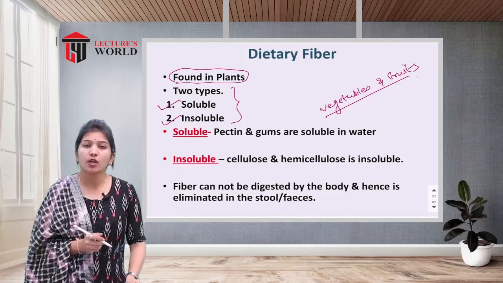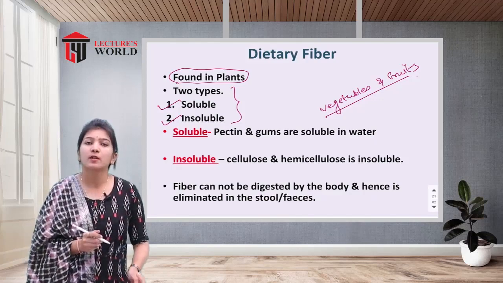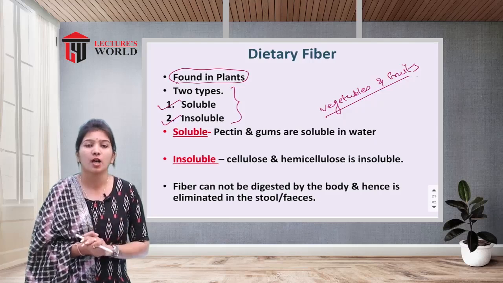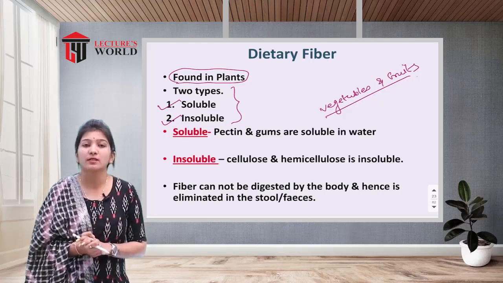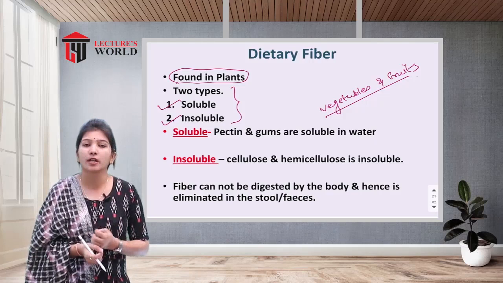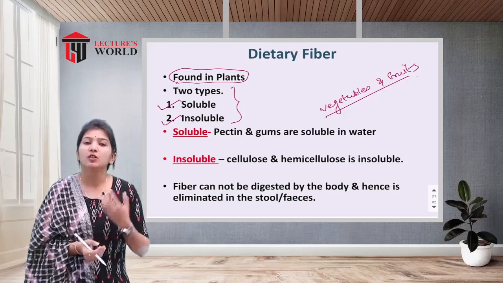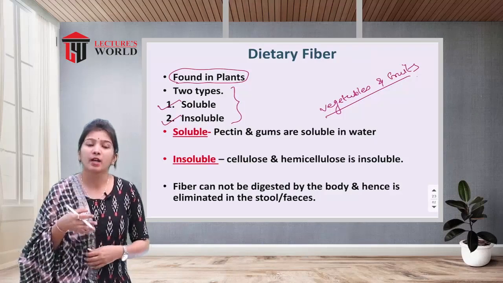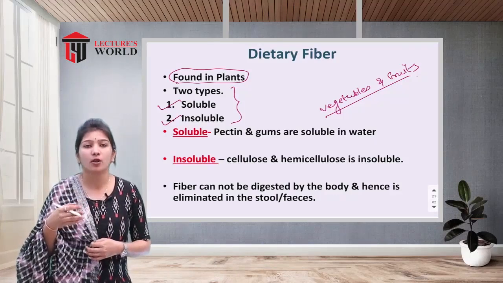So what is a soluble fiber? Soluble fibers are easily dissolved in our body, whereas insoluble fibers are not able to dissolve or be absorbed in the body. Because of that they are excreted via the rectum and anus in feces or stool.